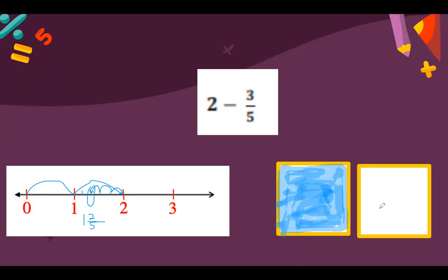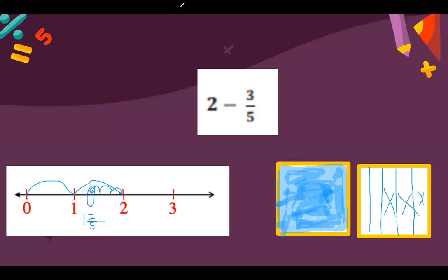So we went ahead 1, 2. Now this one we're taking away 3/5. So we have to divide this into 5 equal pieces. And if we took 3 away, 1, 2, 3, that leaves us 2/5. So the answer again would be 1 and 2/5.